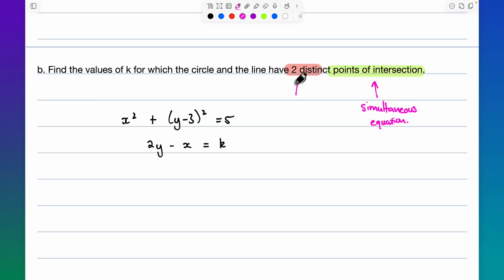And the fact that you have two distinct points means you're going to get a quadratic equation, and that quadratic has a discriminant, which we denote using this symbol. If it has two distinct points of intersection, the discriminant of that quadratic is going to be greater than 0. Those are the two pieces of information we need to join together to solve this problem.